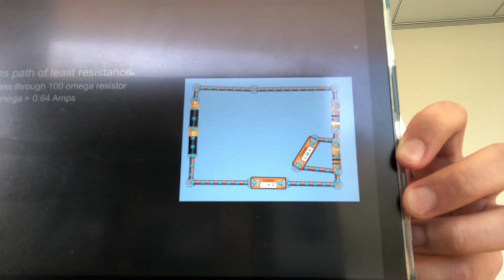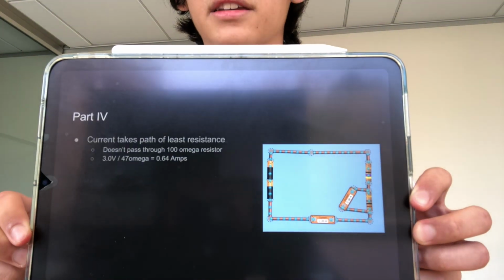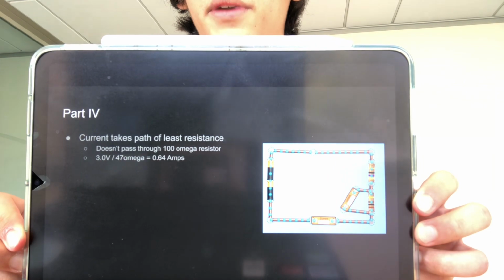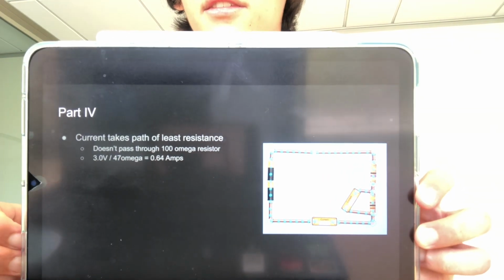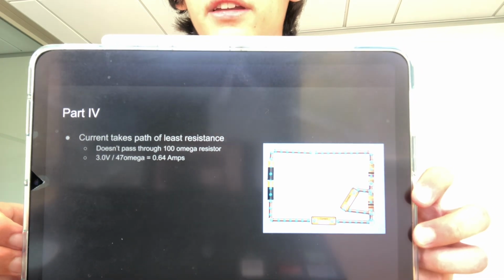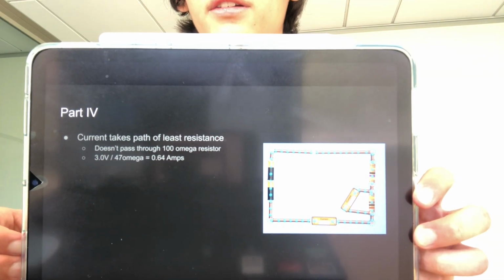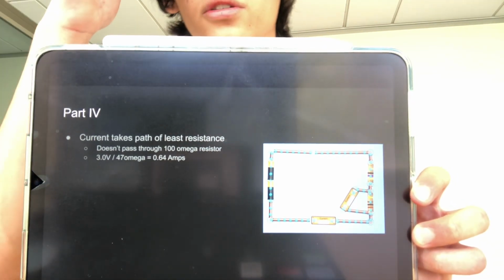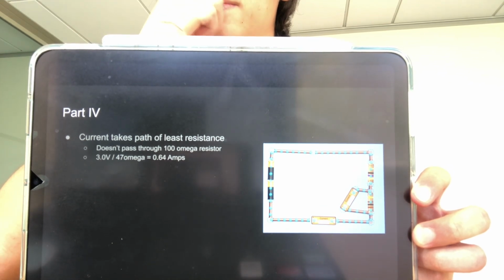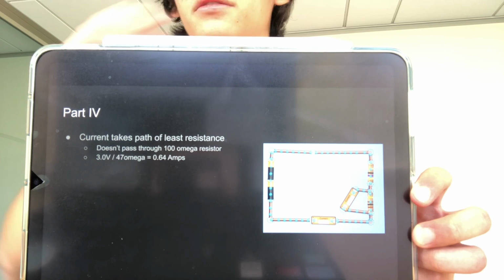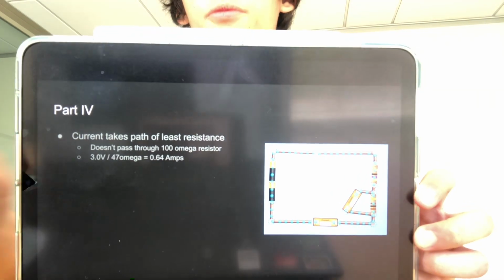This is because the current takes the path of least resistance, and because it's easier to pass through the ammeter, which doesn't have any resistance, than the resistor, it passes through the ammeter, and so it only goes through the resistor with 47 ohms.